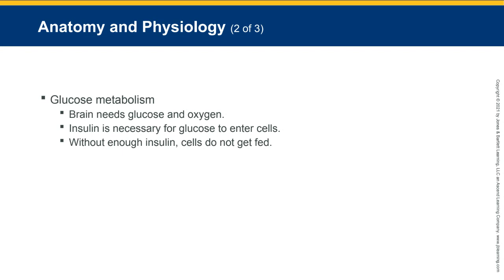Insulin is produced by the beta cells in the islets of Langerhans in the pancreas. Insulin is produced when there are too many glucose molecules in the blood.